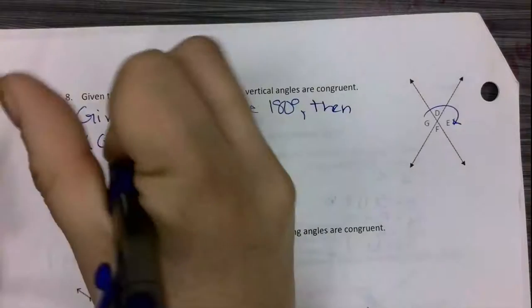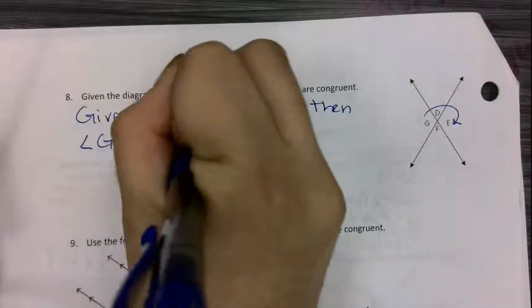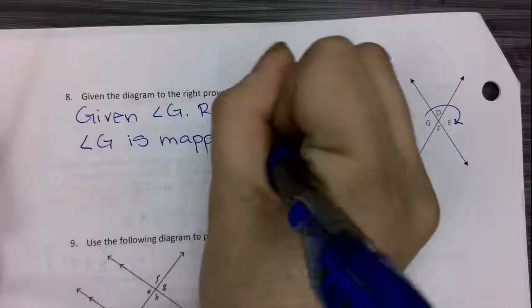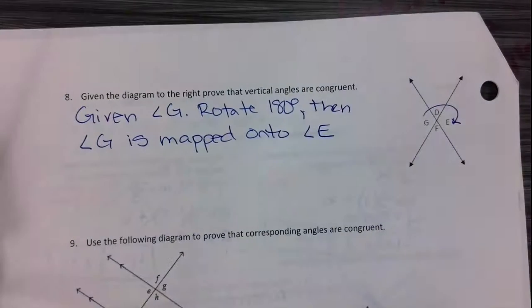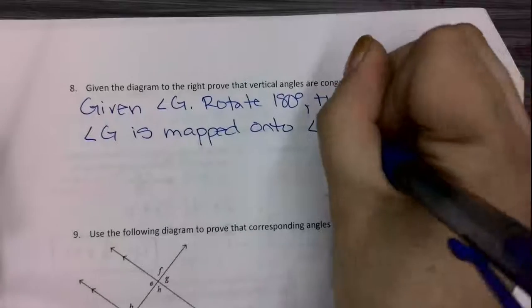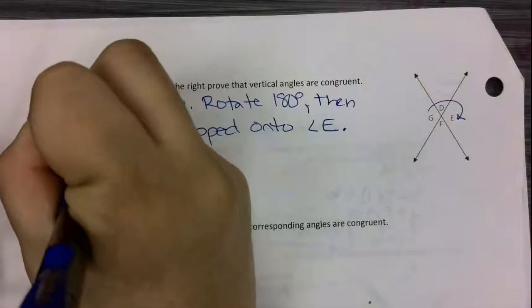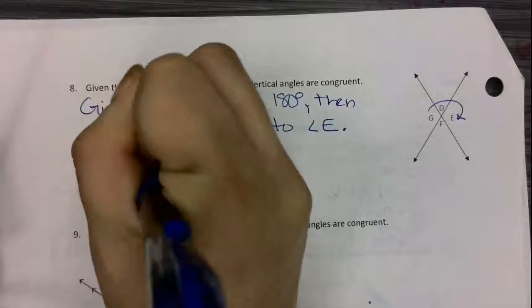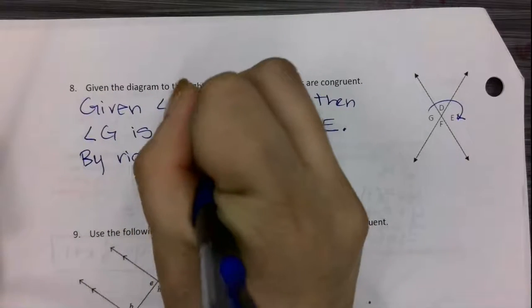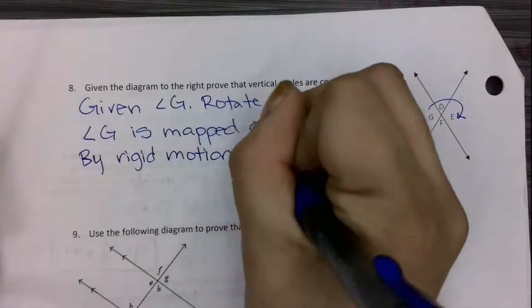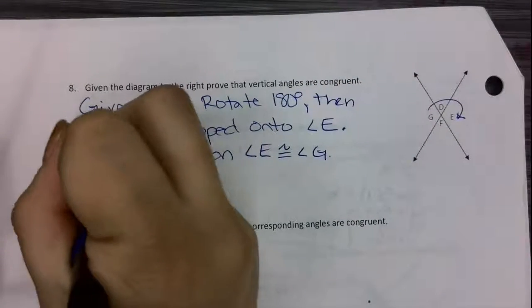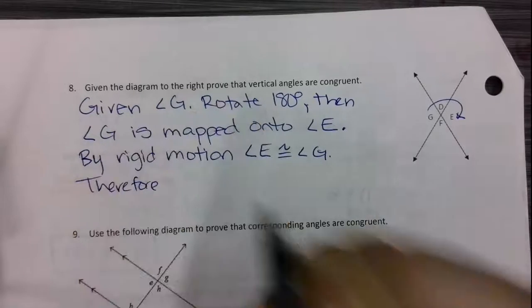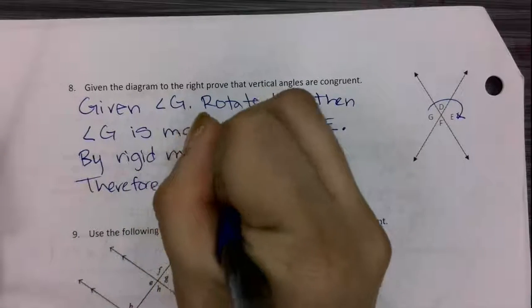Then angle G is mapped onto angle E. By rigid motion, angle E is congruent to angle G. Therefore, vertical angles are congruent.